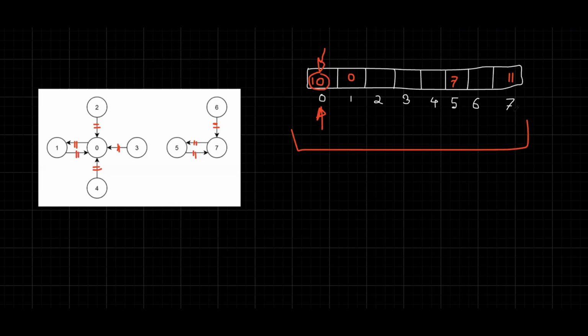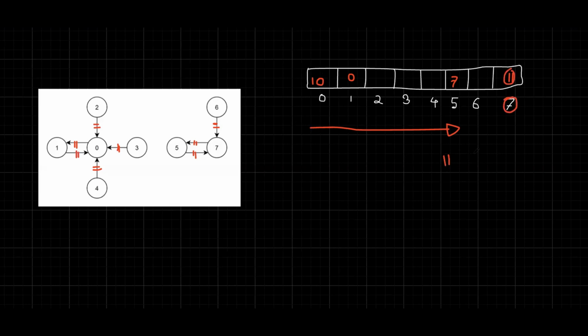Now, this is the intuition behind the array. Now we can simply scan the array from left to right and calculate the maximum value. Here the maximum value is 11 and the index number is 7. So we have to return 7.